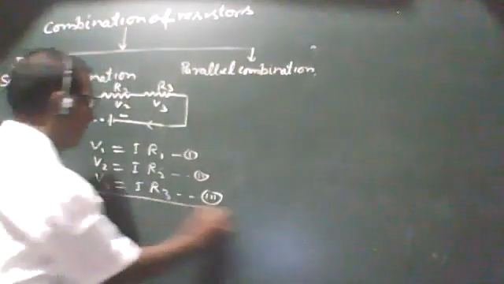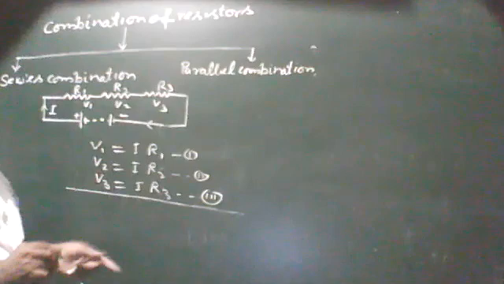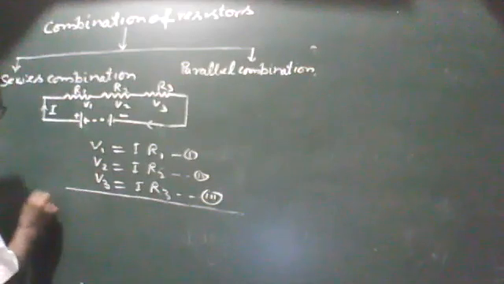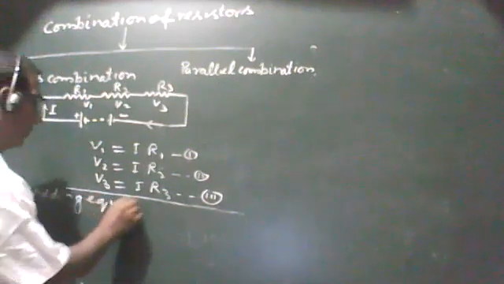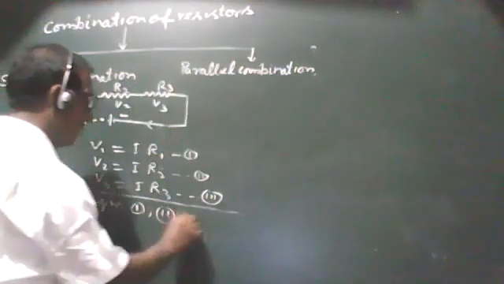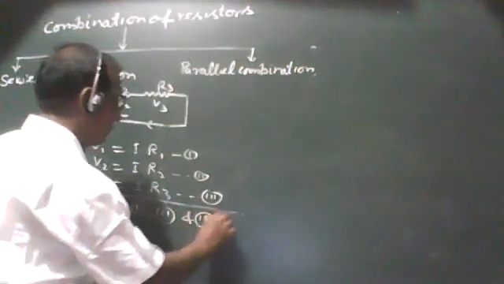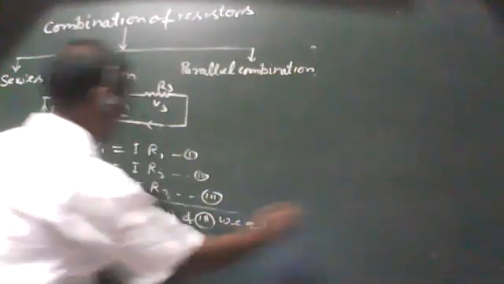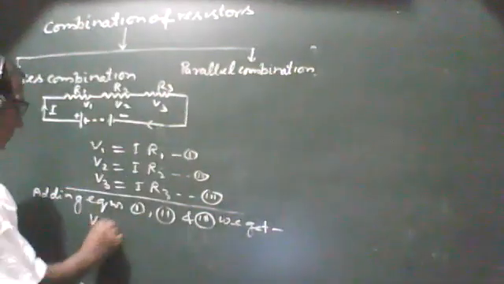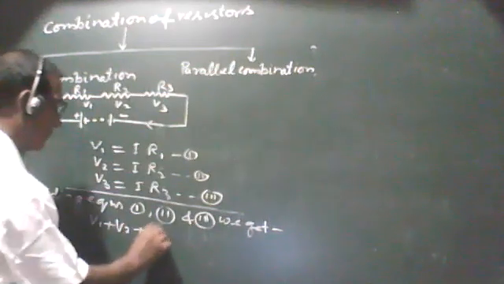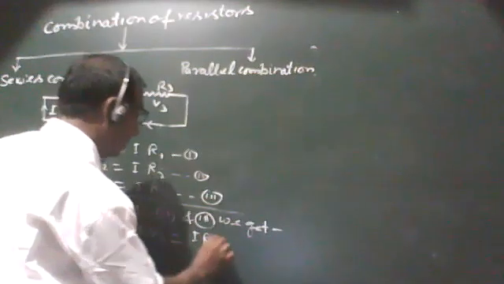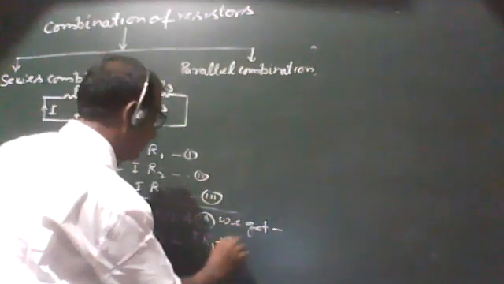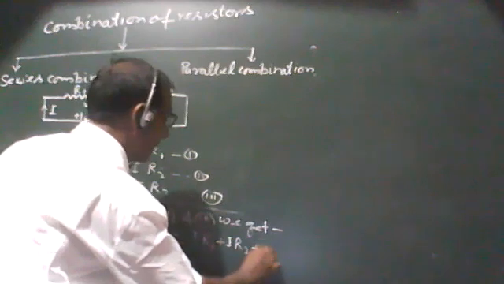Okay. Now you add all three equations. Adding equations first, second and third, we get V1 plus V2 plus V3 is equal to IR1 plus IR2 plus IR3.